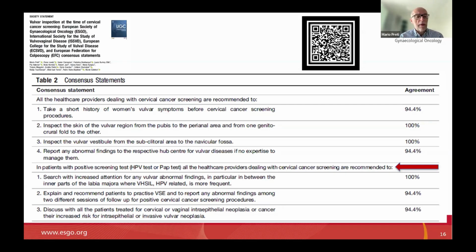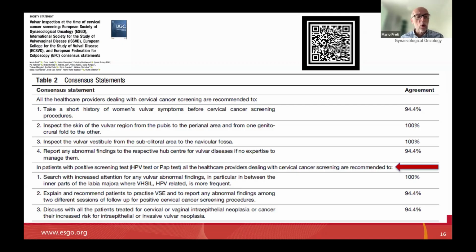The most important is that in patients sent to colposcopy with a positive screening test, HPV or Pap test, there should be increasing attention for any abnormal finding, in particular on the inner part of the labia majora, where HPV-related pre-invasive vulvar intraepithelial lesions are more frequent.